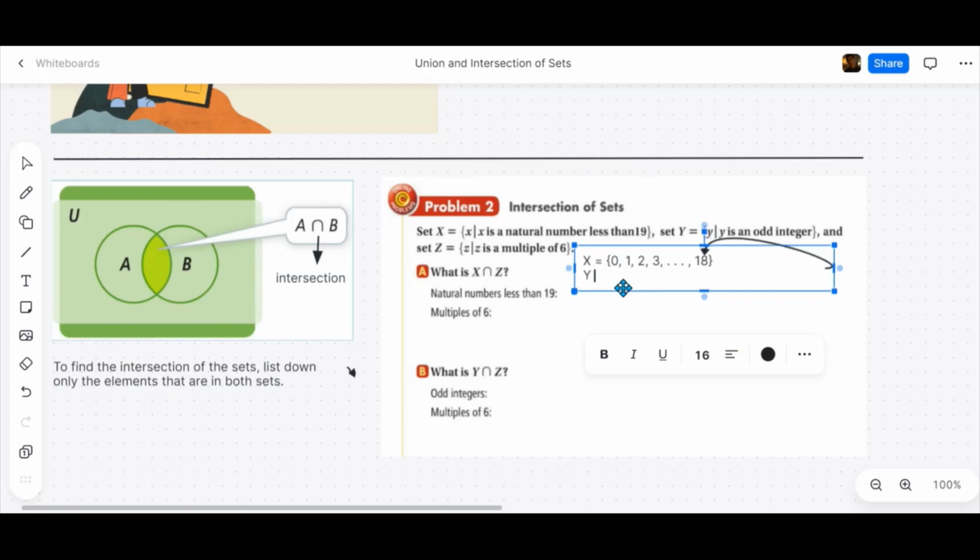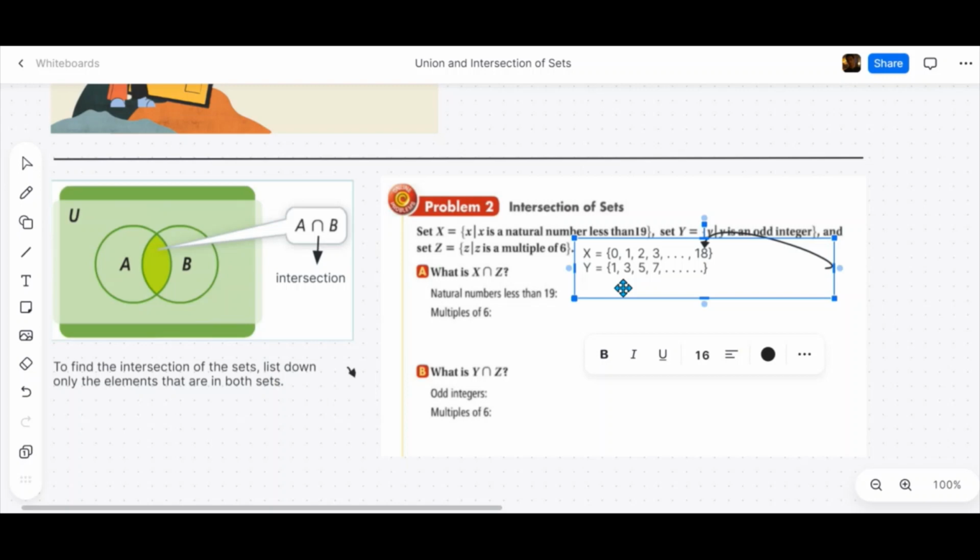For set Y, it has to be odd integers, and that starts with 1, then 3, 5, 7. Again, that continues infinitely since it doesn't say anything.